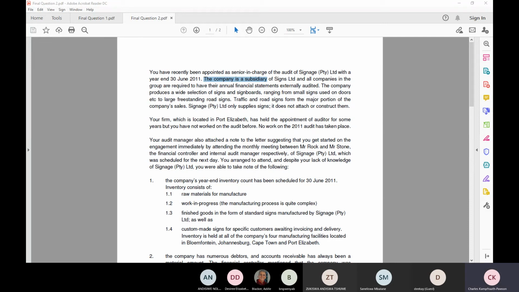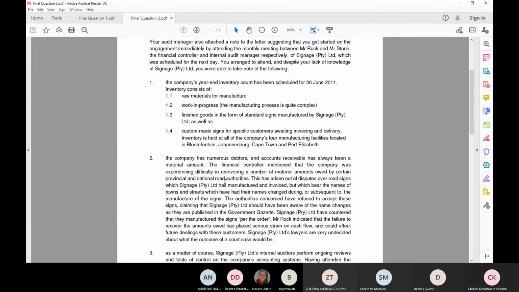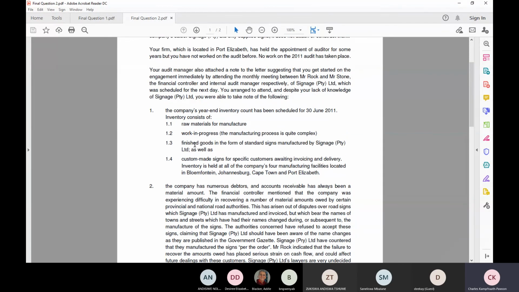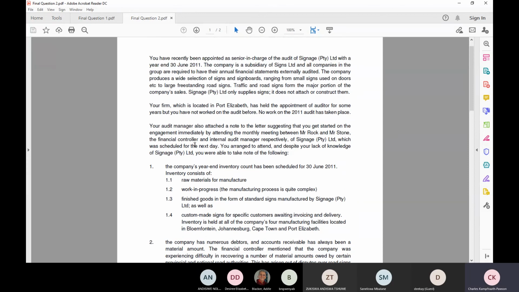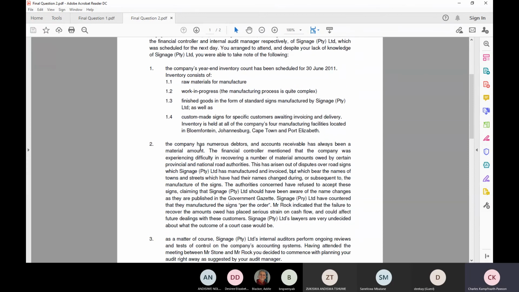What else can there be? They spoke about different locations. We need to understand the extent of business at these different branches where inventory is held. I need to get an understanding of that. And then also, I'm sure I read Durban somewhere.